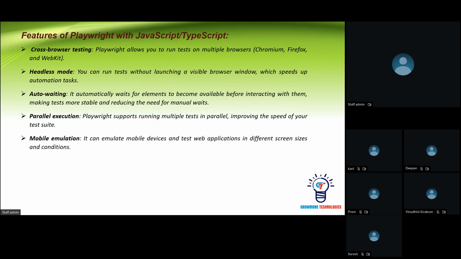You can run tests without launching a visible browser window, which is called headless mode. This is also available in Selenium, where you have to write 2 lines of code, but in Playwright it is already available without writing a single line of code. Auto waiting: it automatically waits for the element to become available before interacting with it.